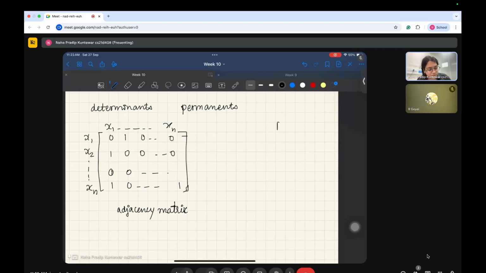what is a perfect matching. So let's say I have a bipartite graph here, x1, x2.